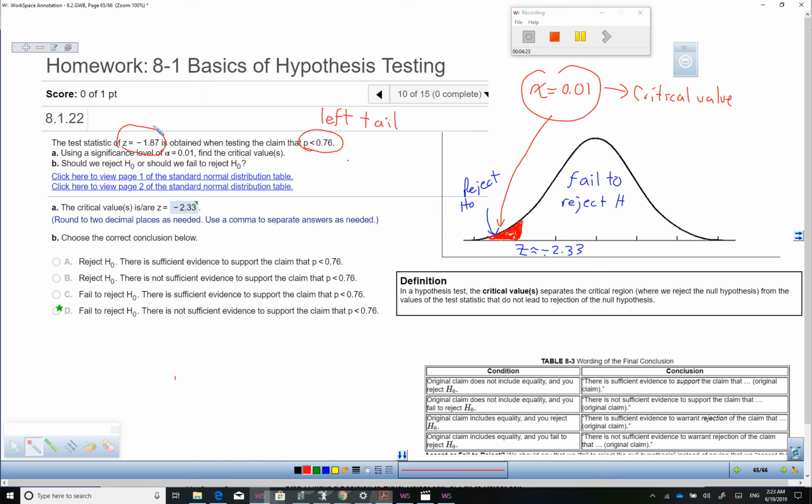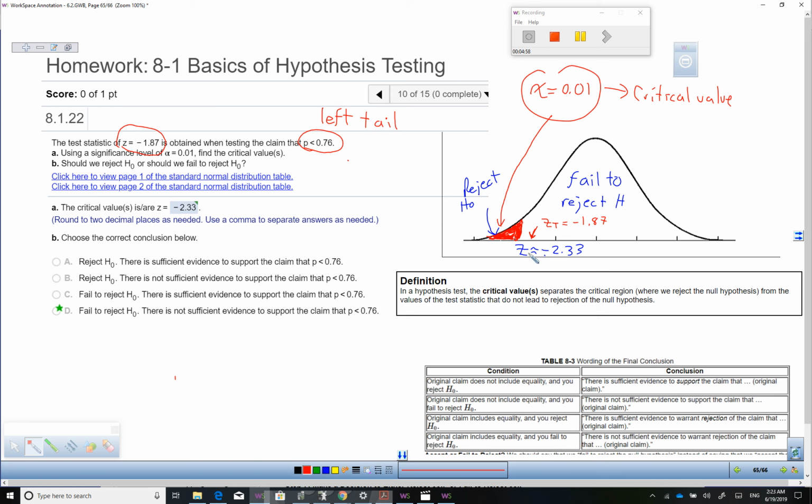And you have to compare the test statistic, the negative 1.87, which is basically falling maybe right here. The test statistic, let me write a little t on the bottom to identify that this is the test statistic, negative 1.87. And you can see that this number, negative 1.87, is falling here on the white area, which is the part where you fail to reject.